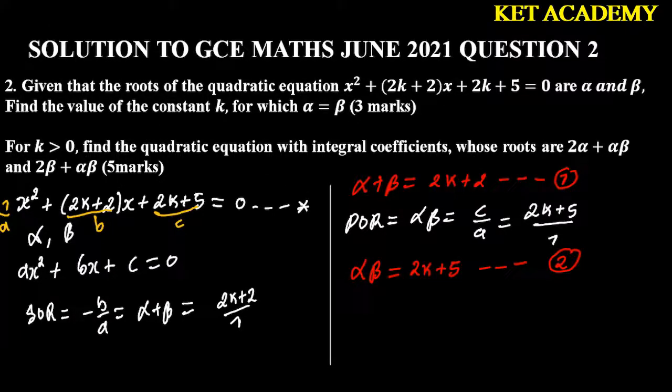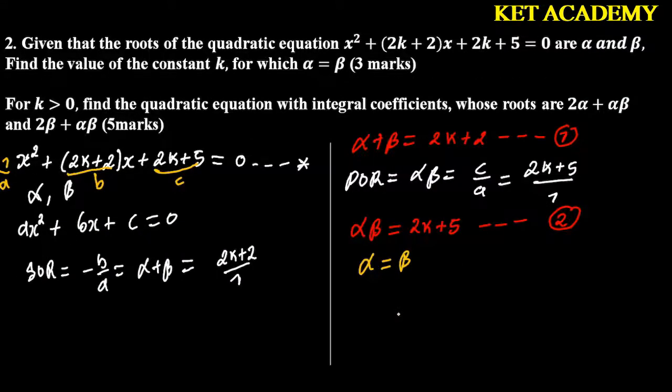Now, we have been told that alpha is equal to beta. Now the question says alpha is equal to beta. We're going to use this idea to substitute in one of our equations and look for the value of k.